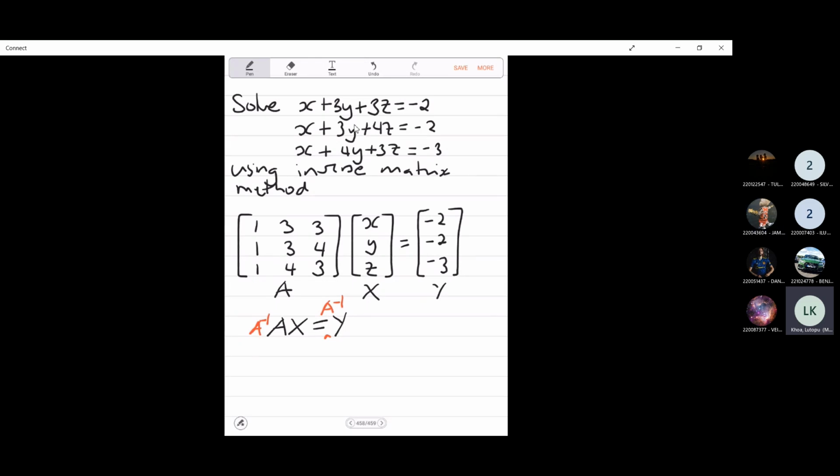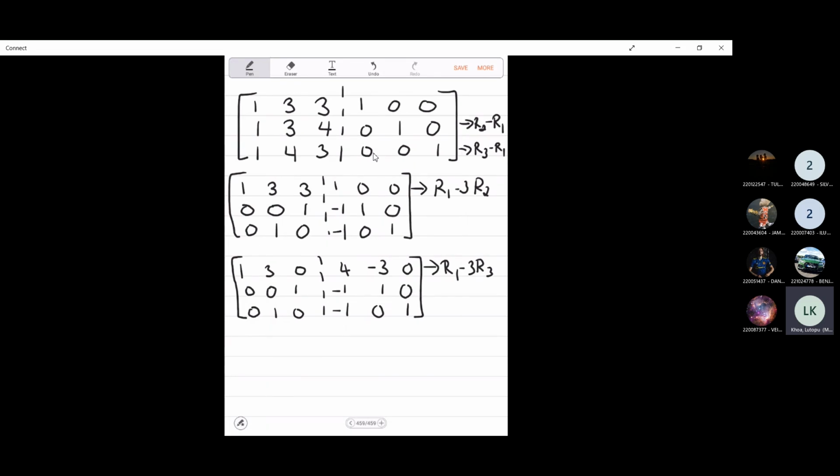But if it's a system of linear equations, it doesn't matter what order I put these linear equations in, so interchanging is fine. Okay, so I'm also going to interchange row 2 and row 3.